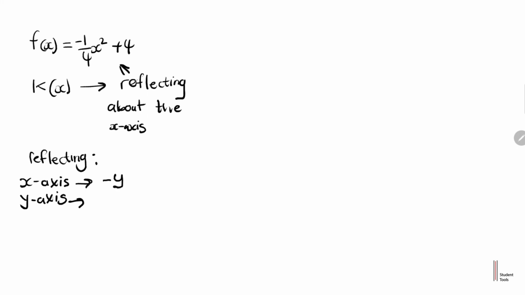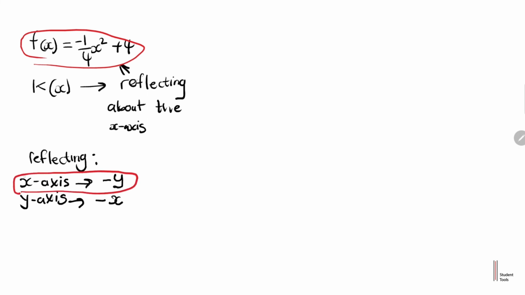And when we reflect a graph about the y-axis, we negate x. And then here we are told that we are reflecting this graph f about the x-axis to get this one. So now let us do that so that we can determine this graph K.